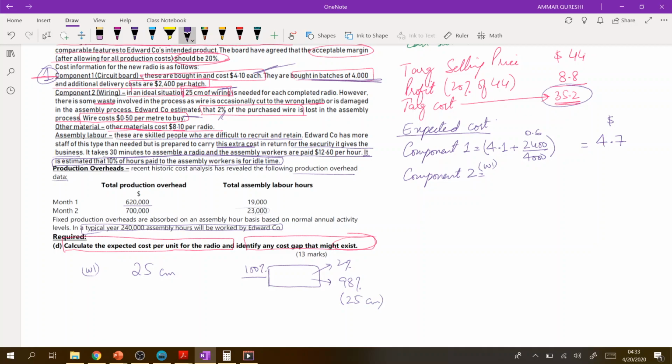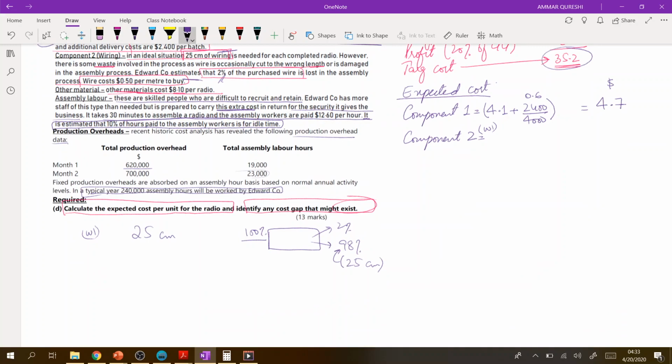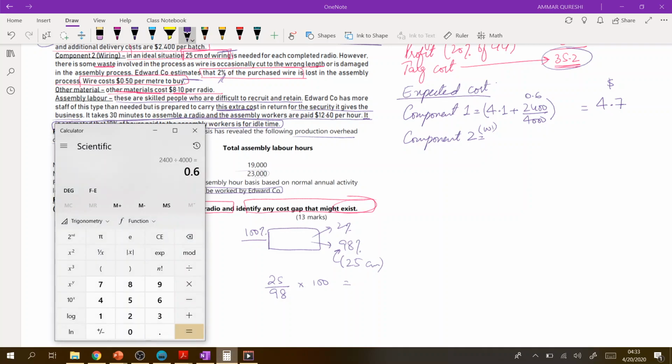So how much should you add in order to get 100%? 25 centimeters is 98%, so divide it by 98 and multiply it by 100. If you want to convert with respect to percentage, you may do this. So 25 divided by 98 multiplied by 100 equals 25.51.